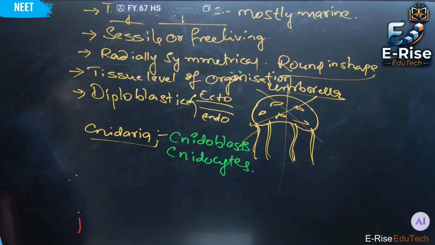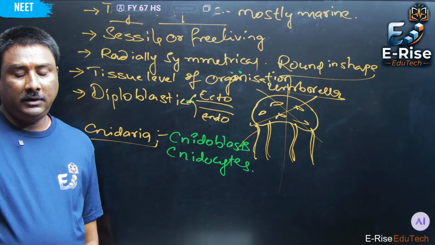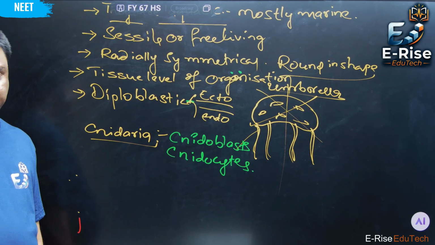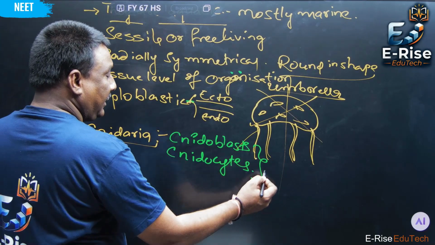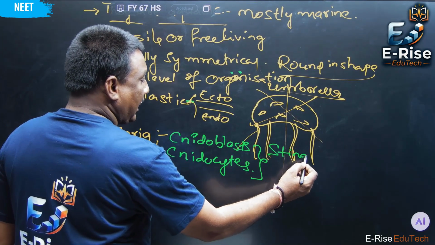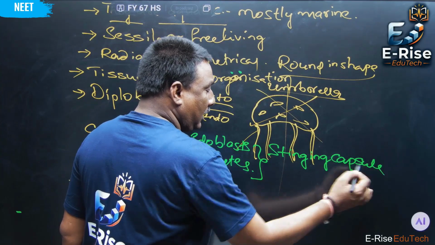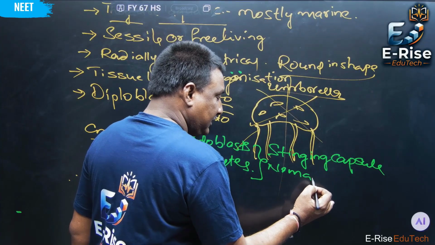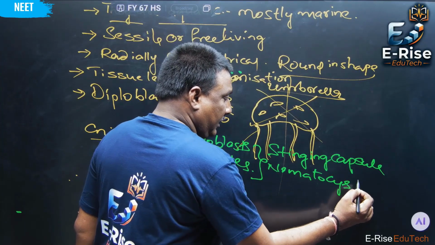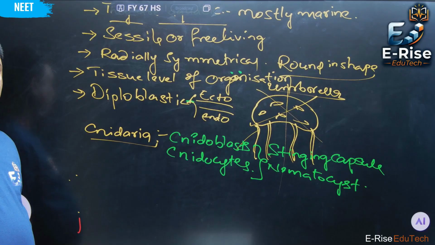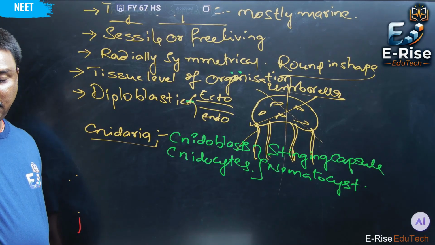Okay. So what is the nature of the cnidoblasts or cnidocytes? Cnidocytes or cnidoblasts contain a stinging capsule or nematocyst. The stinging capsule, or nematocyst, is present in the cnidoblast or cnidocyte cells.